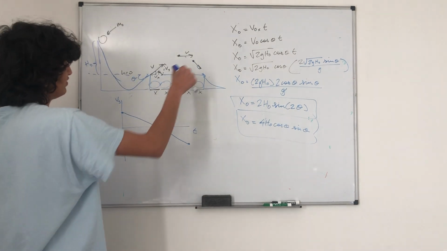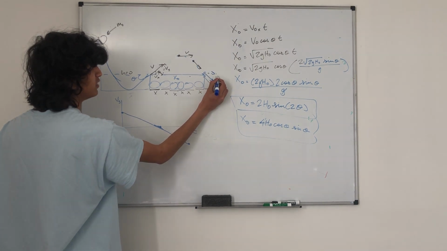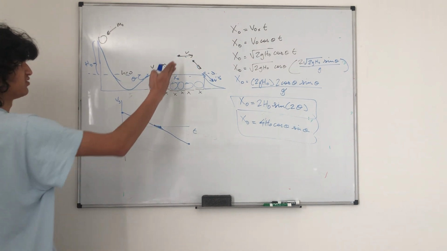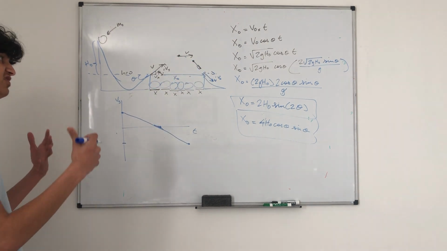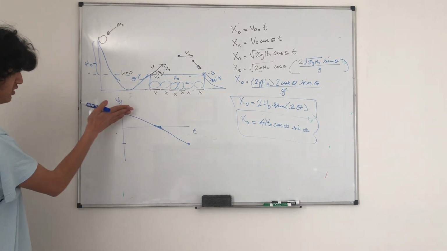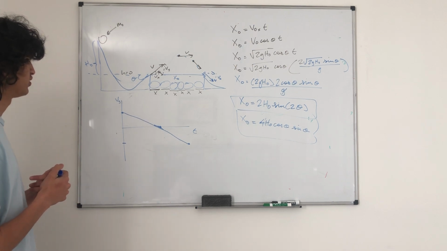So it would have the same v y, but now it's pointing down, and that's just because the acceleration is the same. It's for the same time, therefore it's going to have the same velocity, just pointed downwards this time. So it's like a reflection.